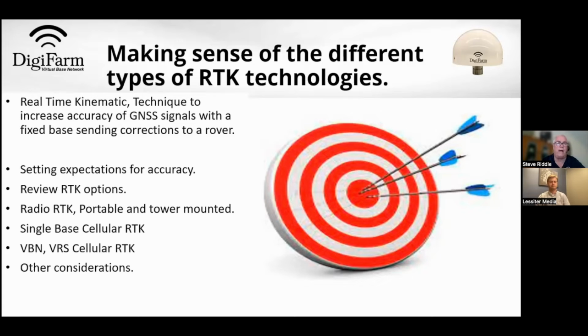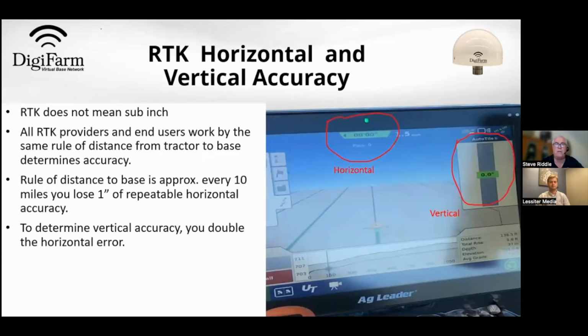In a sense, we're ground referencing GPS data and correcting it at a closer distance to where you are in the field. As Noah said, we're going to set some expectations for accuracy, review some options, and then go through a little list of other factors to consider.